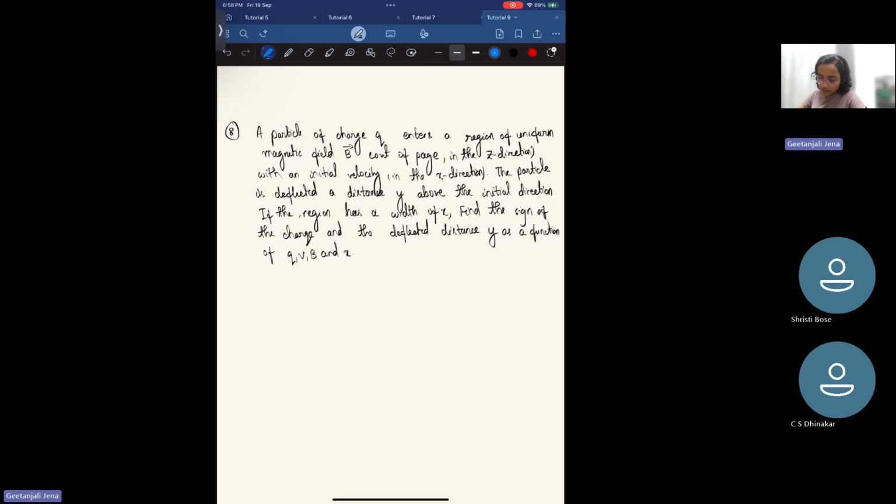Okay. So in the next problem, there is a charge q which enters a region of uniform magnetic field, which is out of the page, in the z direction, with an initial velocity in the x direction. So B is in the z direction, some B0 k, and the initial velocity is in the x direction.